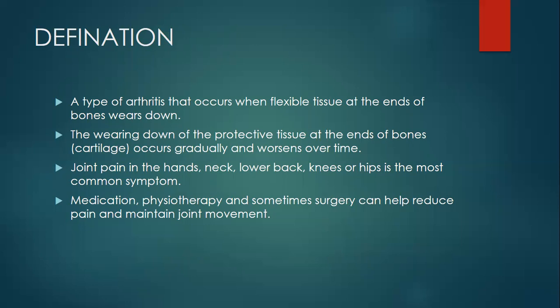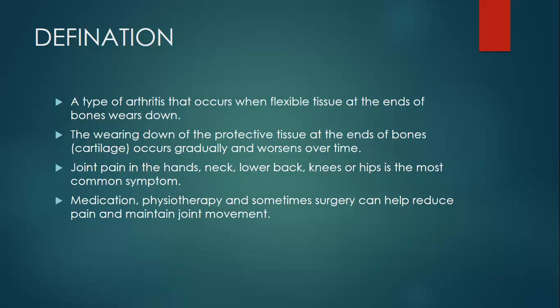To define osteoarthritis in short, the cartilage which is present between two bones, or between a joint, ends up with wear and tear at the end of the tissue. So what happens? Both the bone ends have friction between each other, which at the end leads to osteoarthritis.